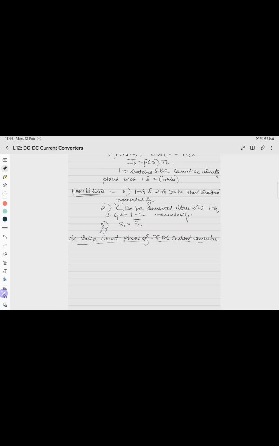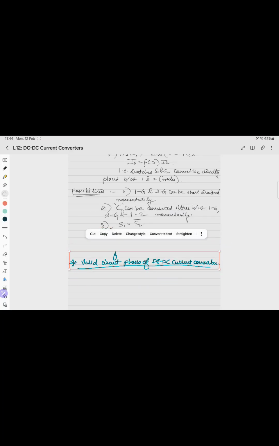So we write, if C is between 1 and 2, 1 and G should be short circuited. Why? Because the capacitor should always be parallel with 2 to G.